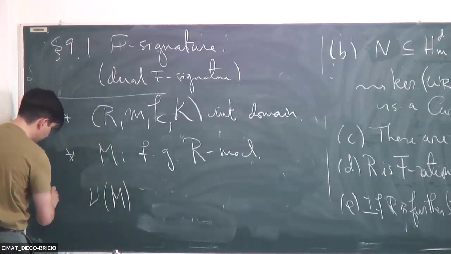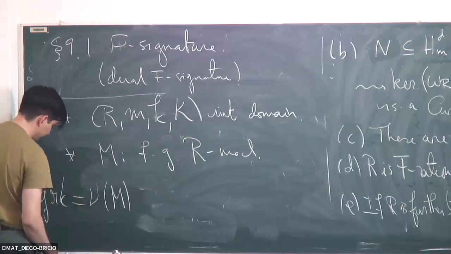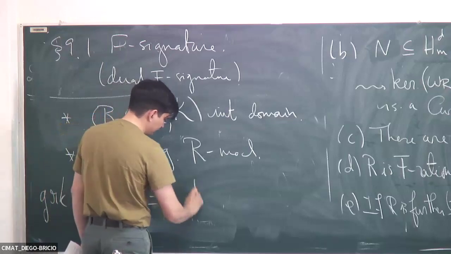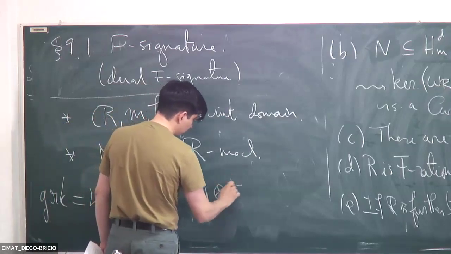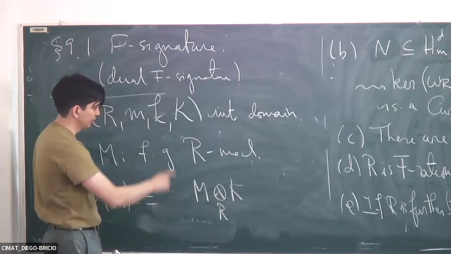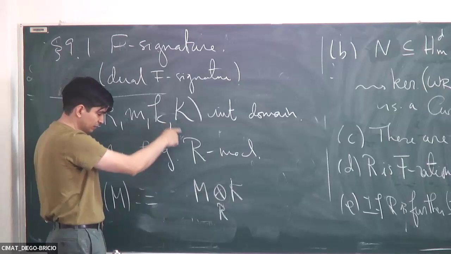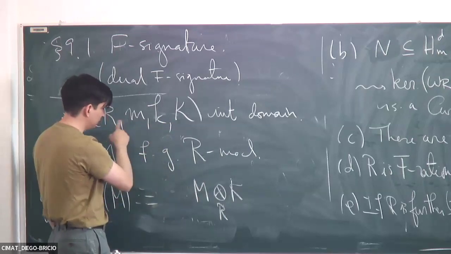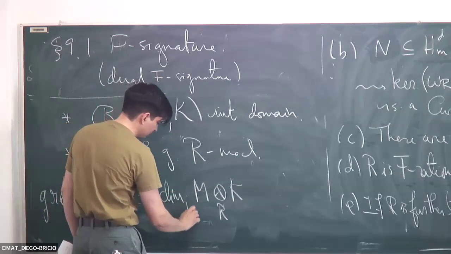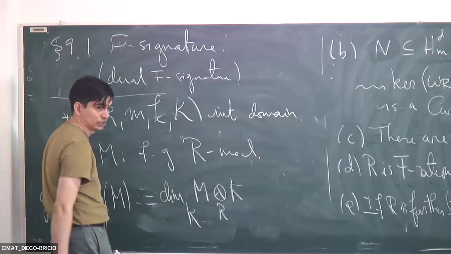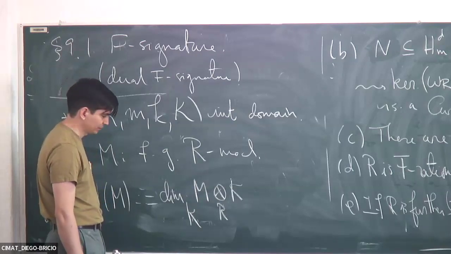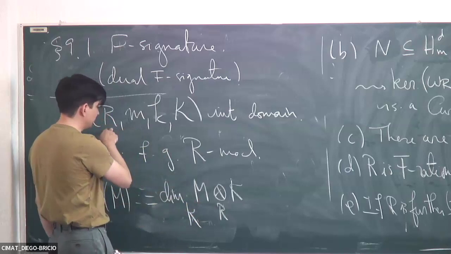Generic rank of M: what you do is a base change, and then you get a K-vector space, where K is the field of fractions of R. I'm just localizing M at the zero ideal, nothing scary. And then you look at this dimension. That's the generic rank. It is the rank of M at the generic point of R.